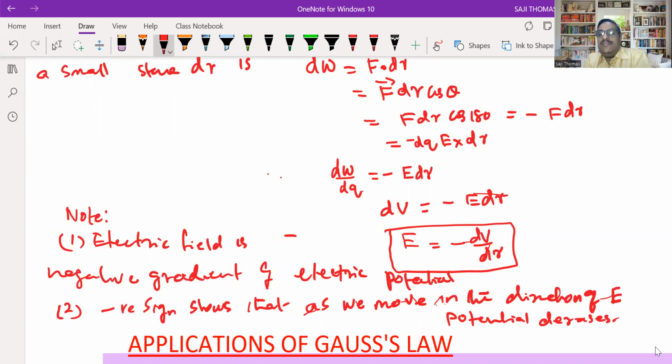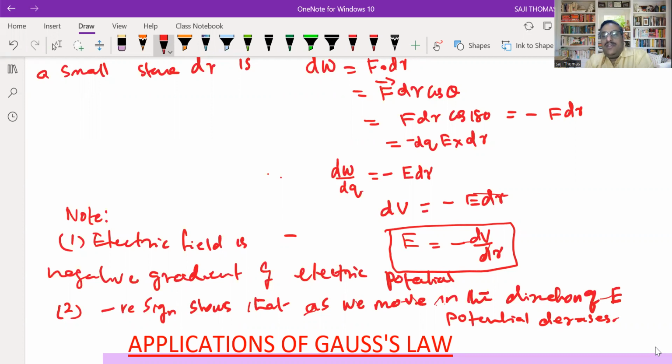So far what we learned, we defined electric potential at a point. What is the electric potential at a point? It is the amount of work done to move a unit positive charge from infinity to the particular point without acceleration against the direction of electric field.